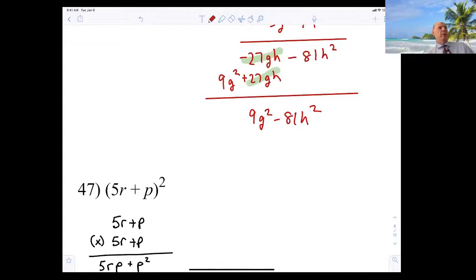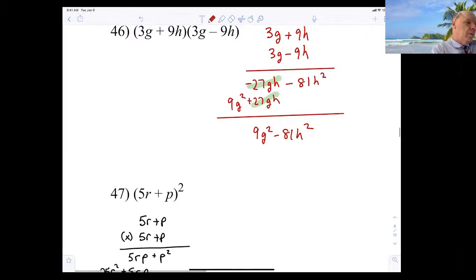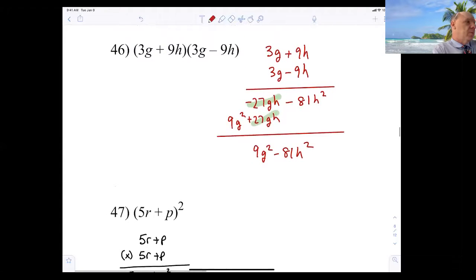Anybody have any questions with that? Yes. So if it's like 3g plus 9h, then 3g minus 9h, the middle term always cancels out. That's a great observation, when they're opposites.